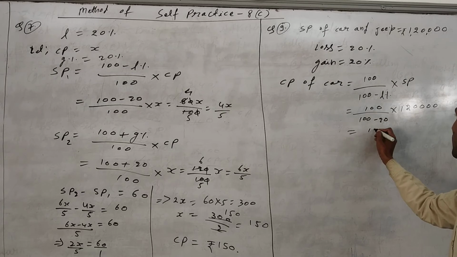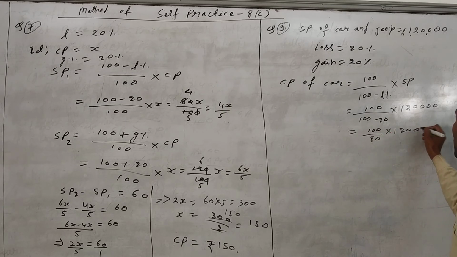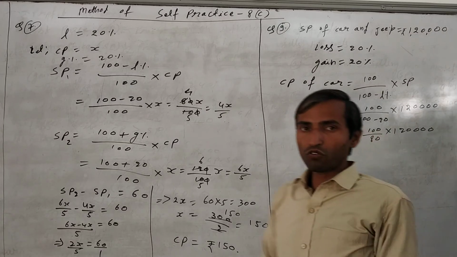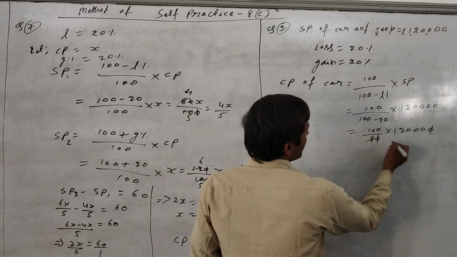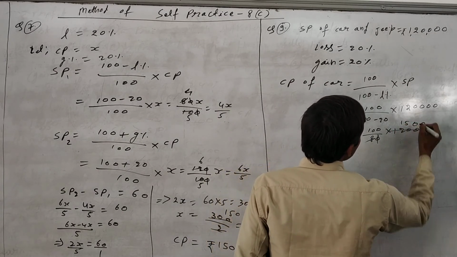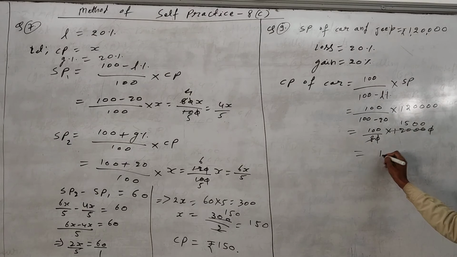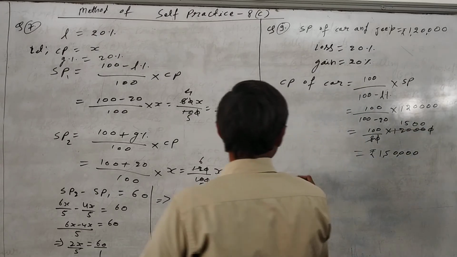Now we subtract: 100 upon 80 into 1,20,000. Now we cancel out 10, and then cancel directly 1500, then it will come 1,50,000. Means CP of car is equal to 1,50,000.